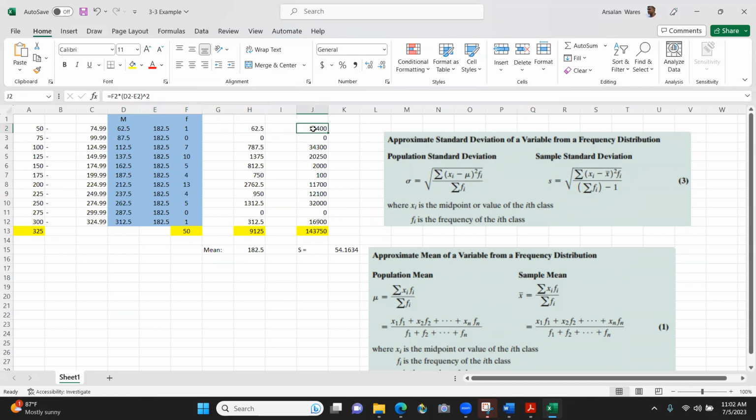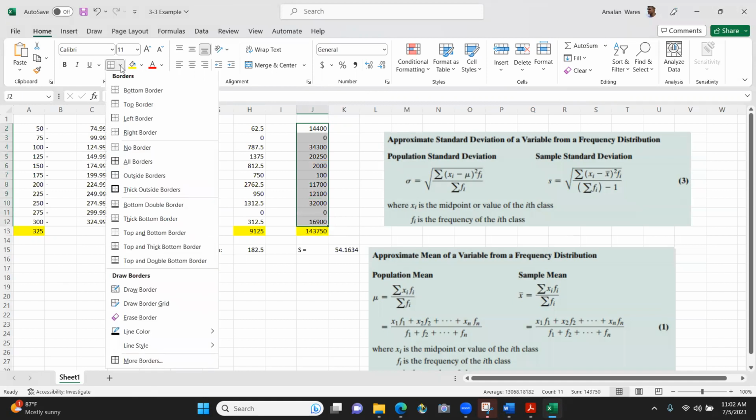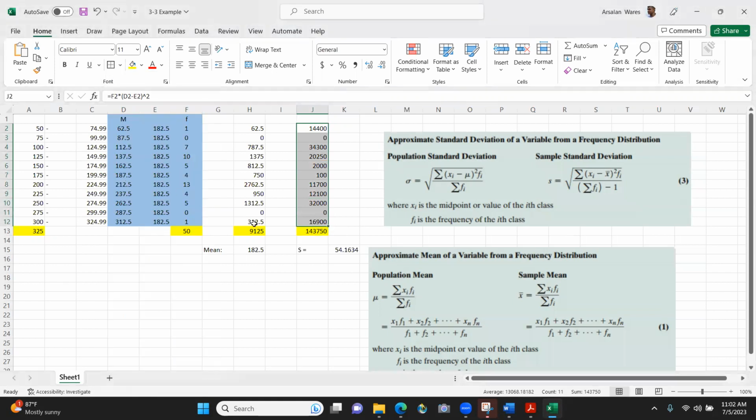Once you get it all here, you will have to add it, and then you have to divide it by 50 minus 1, and then you have to square root it.